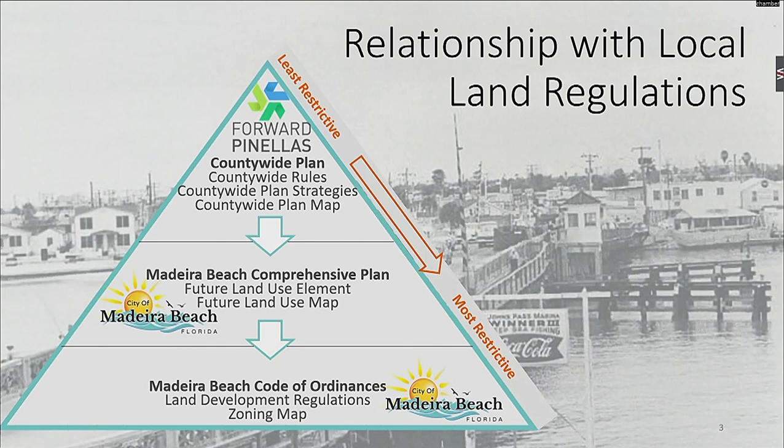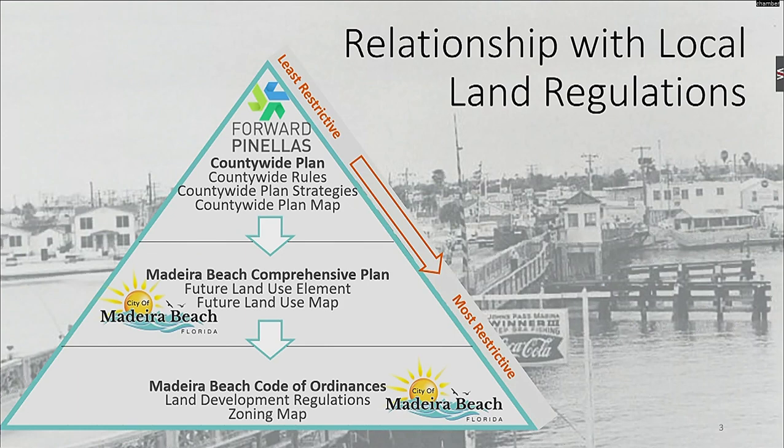So the comprehensive plan looks very similar to the countywide plan when we're looking at land use. It's quite broad: intensities, densities, uses, impervious surface ratios. It's really in the code of ordinances, looking at the land development regulations, that you see the nitty-gritty of planning and what you can do with your land.